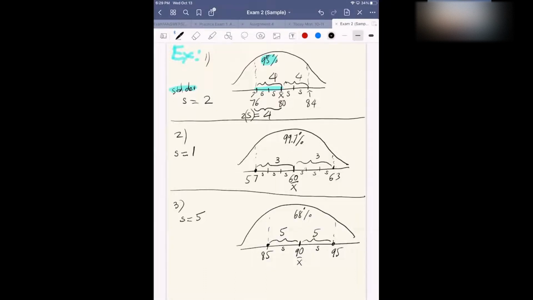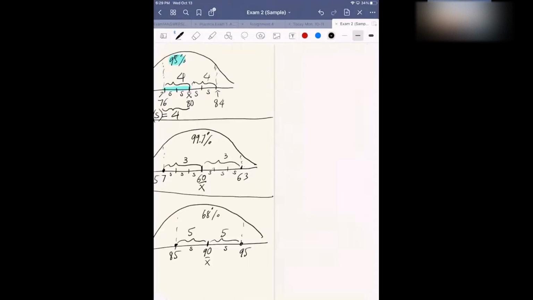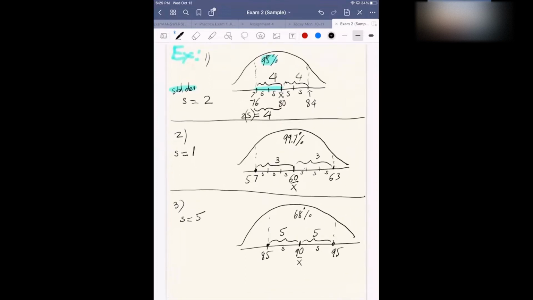All right, let's try another case just to make sure that you guys get it completely. Maybe not right away, but you have to review it. The 4th case, and they are not in order, okay? I'm going to give you the mean of 60, and 99.9%.